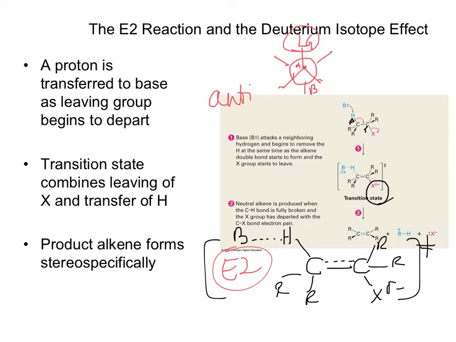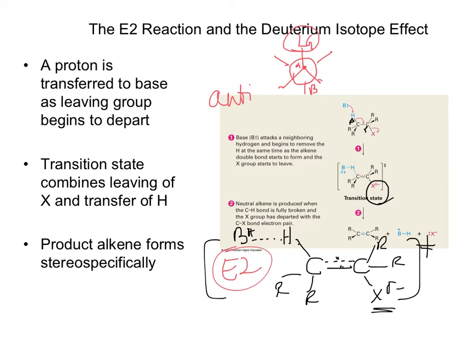And so the base is basically picking up that proton, and the electrons are going to move in between the two carbons, and the X is going to leave as well. Your end product is going to be the alkene, the BH with a positive charge, and X minus would have left.